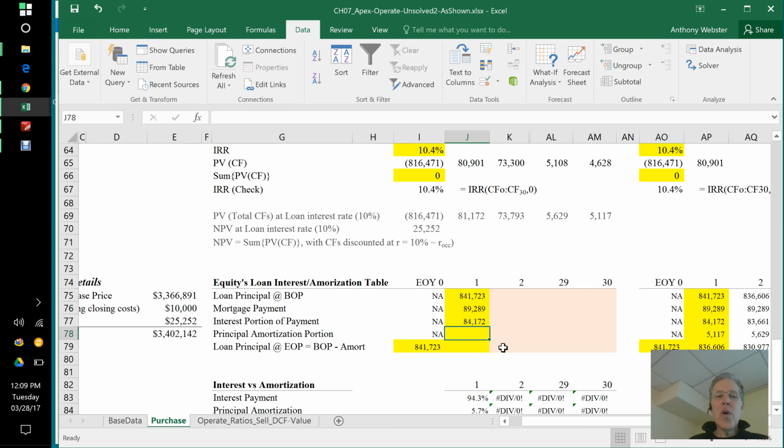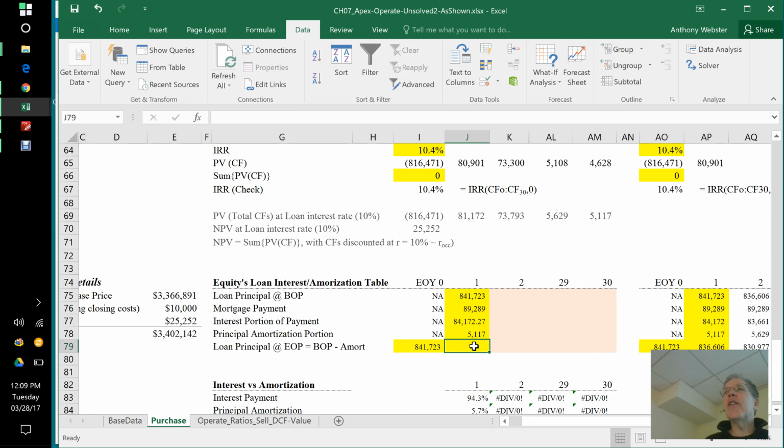All right, so Nikhil, you already gave us what the principal amortization portion of this payment is. Can you tell us again? Yep. It's the total amount minus the interest portion. All right, and that's looking good.